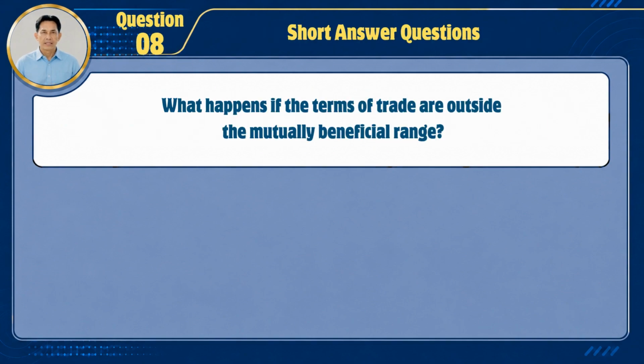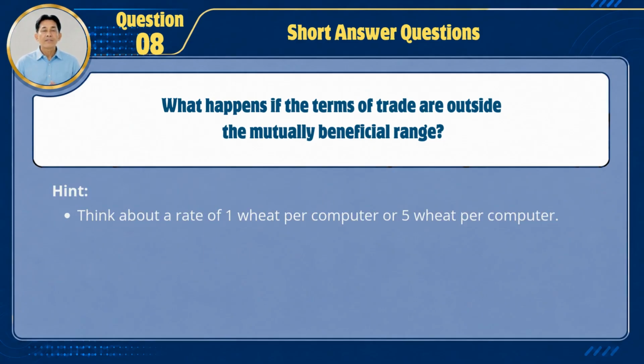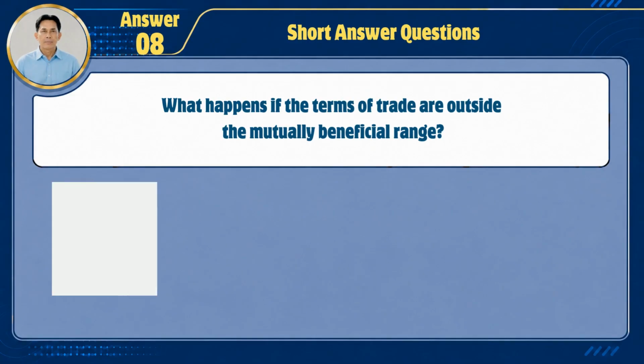Here's question number 8. What happens if the terms of trade are outside the mutually beneficial range? And here's your hint. Think about a rate of 1 wheat per computer or 5 wheat per computer. Here's a sample answer.